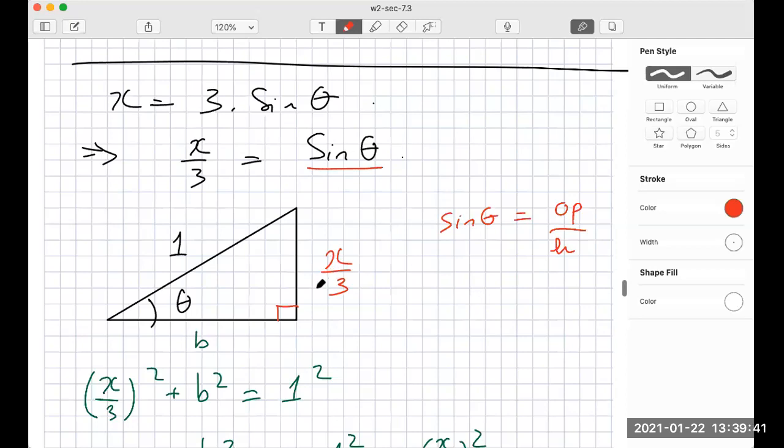Yes. Why would that side be x over 3? Sine is the opposite side. Yeah, that is okay. If you define x here, and theta is here, and the hypotenuse is 3, it is fine. But these two triangles are similar, right? It is totally fine.